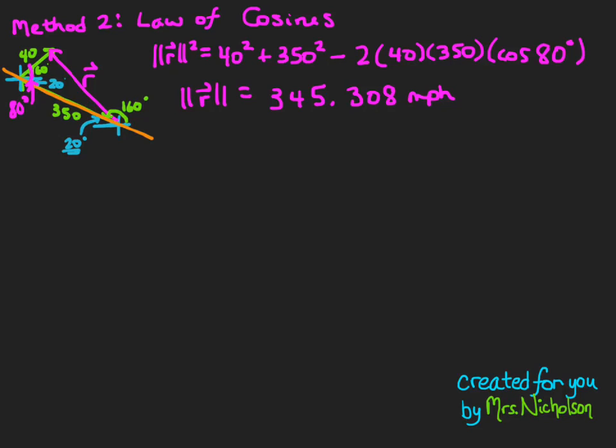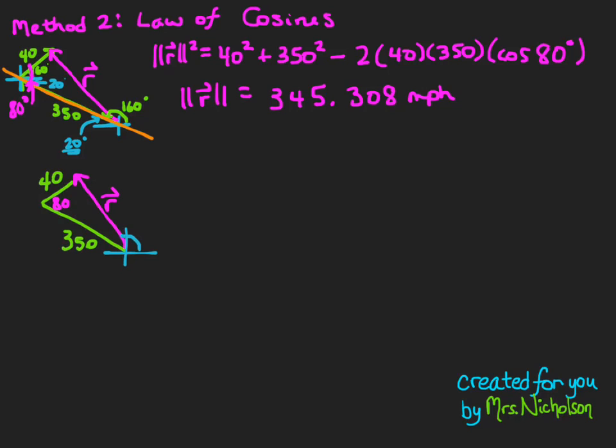Now finally, we need to find the direction of our resultant vector. And in order to do that, I think I'm going to redraw the picture here. So I've got this side and this side. This is 40. This is 350. We figured out that this was 80. There's my resultant vector, and its direction is what I'm looking for.